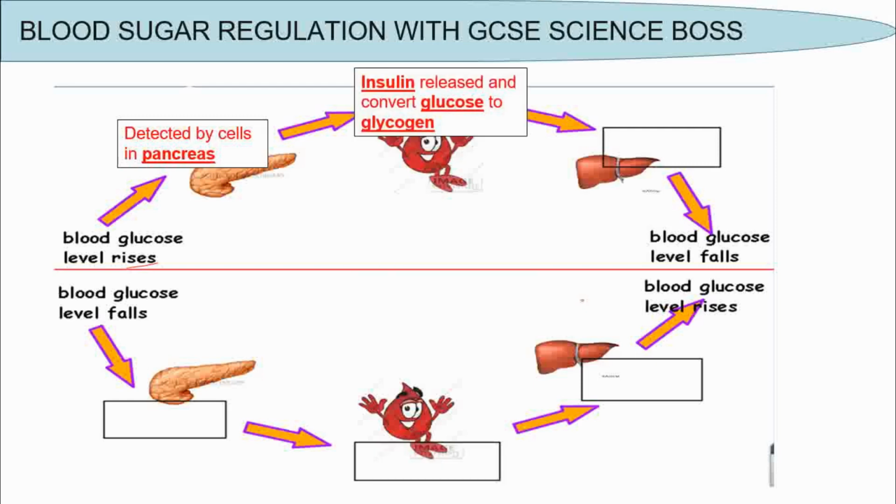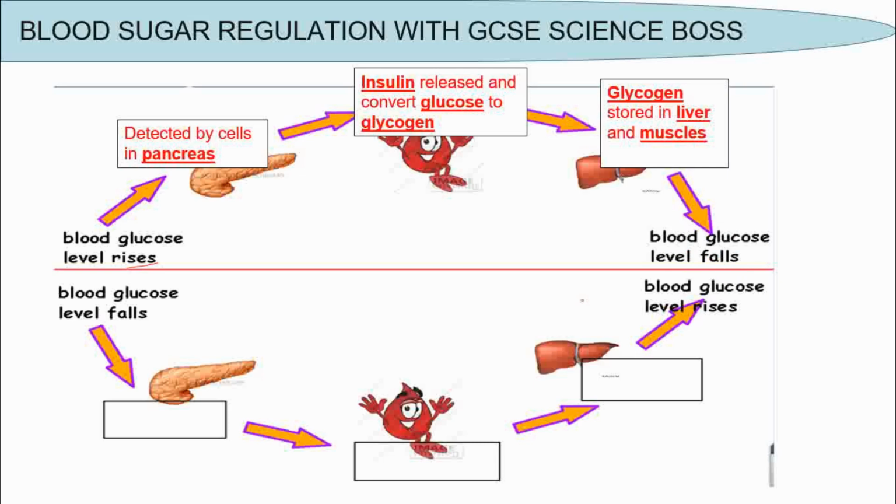They will release a hormone called insulin, and insulin will convert the excess glucose into glycogen. The glycogen will then be stored in your liver and in your muscles, causing the blood glucose level to fall back to that normal level.